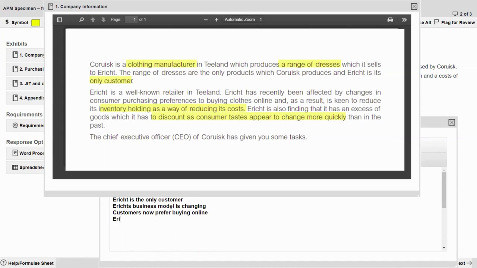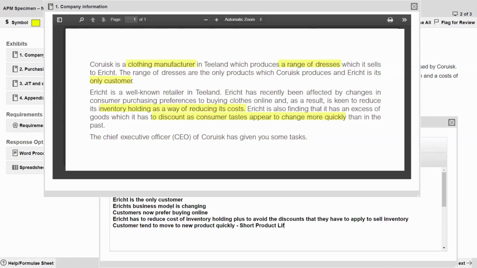So Arid has to reduce the cost of inventory holding, plus avoid the discounts that they have to apply to sell inventory. Customers tend to move to new products quickly. That's actually an indicator of short product life cycle.